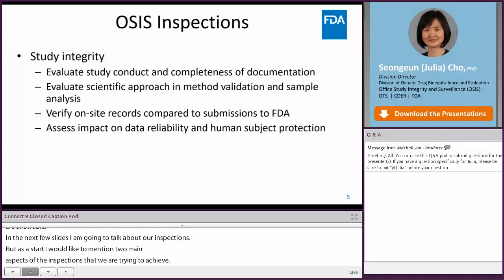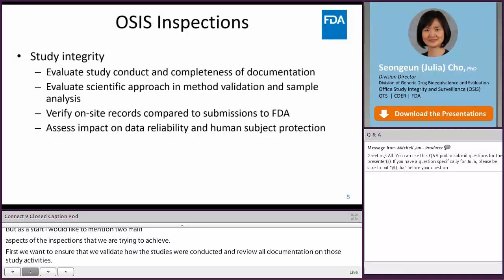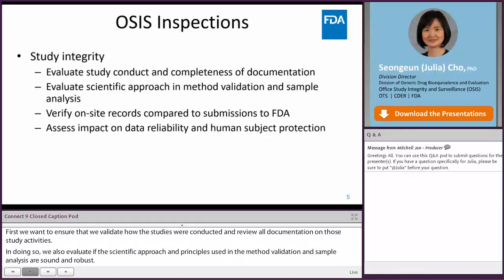In doing so, we also evaluate if scientific approaches and principles used in the method validation and sample analysis are sound and robust. And we also verify on-site records to make sure that they are the same as what's been submitted to FDA.